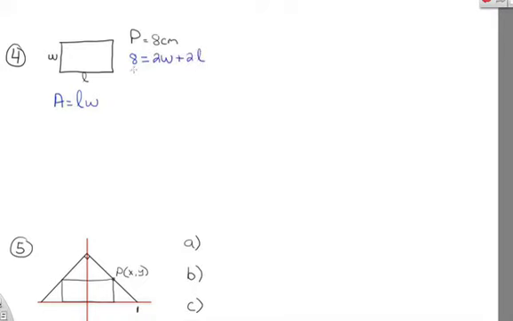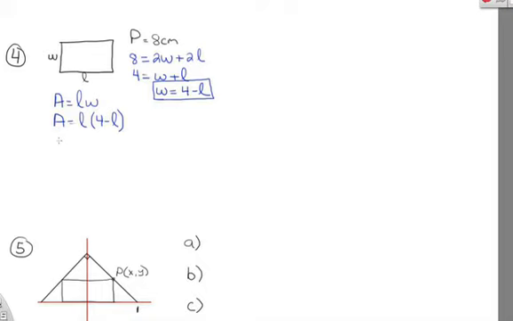I can divide everything by 2, so I have 4 equals W plus L. And let's just make it say W equals 4 minus L. So I'll use this equation to convert, and I get area equals length times 4 minus length.